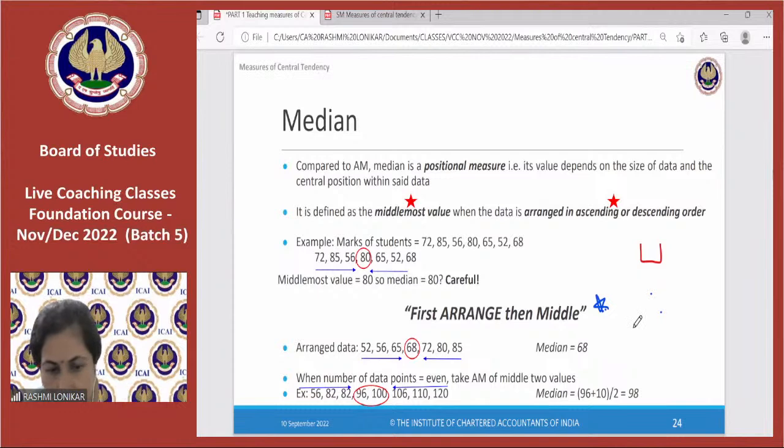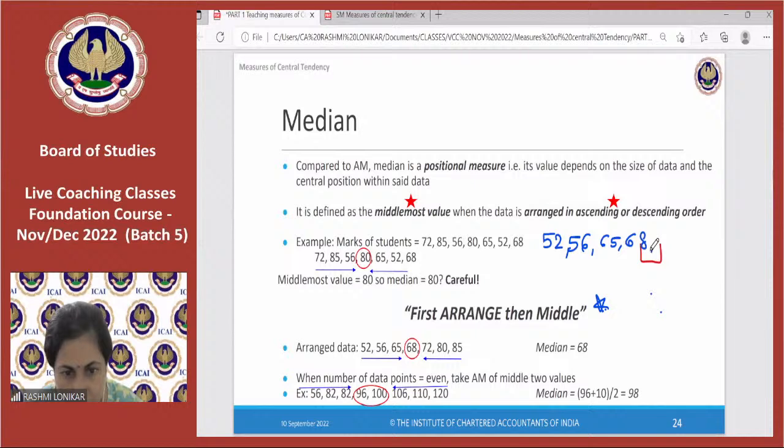Okay. So last time we had taken a sum, this 72, 85, 56. So first thing is we have rearranged. The smallest number I know is 52. So 52, then 56, then 65, 68, 72, 80 and 85.